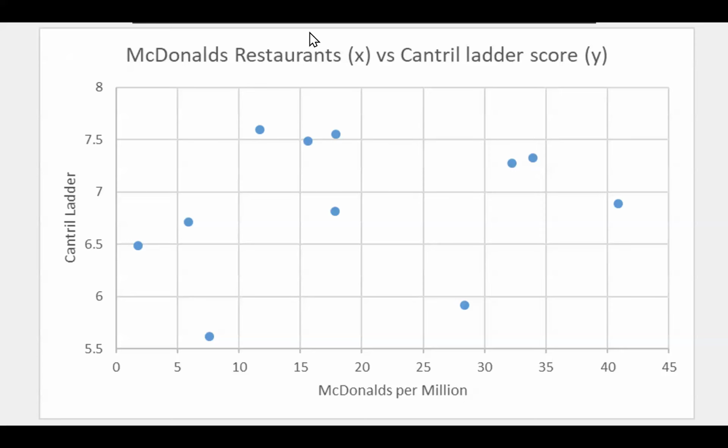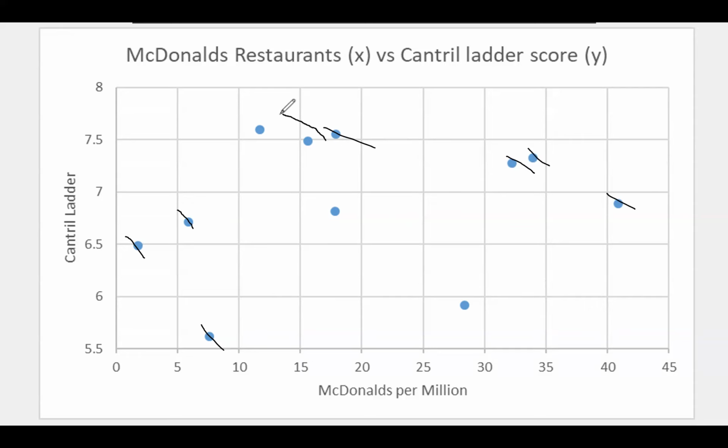Now, if somebody were to manipulate this data, they could easily do it by getting rid of points that they don't like and just focusing on data that they do like.